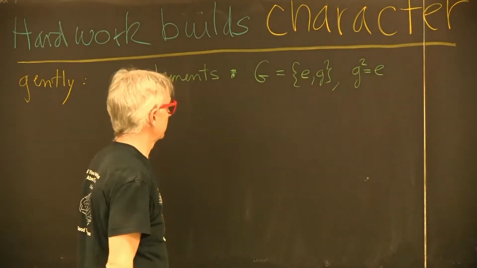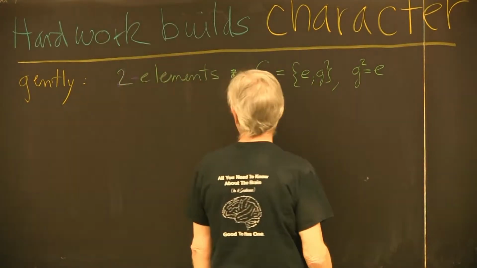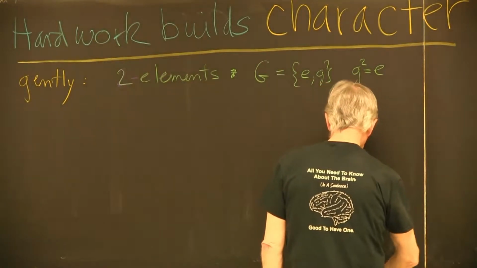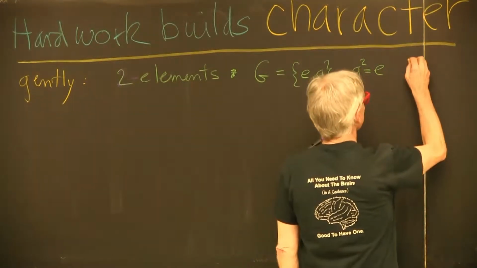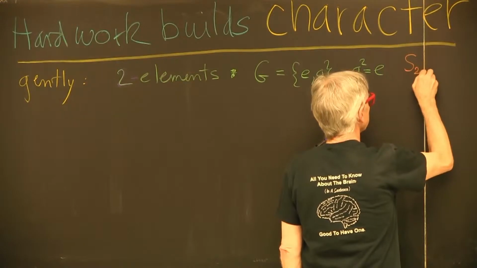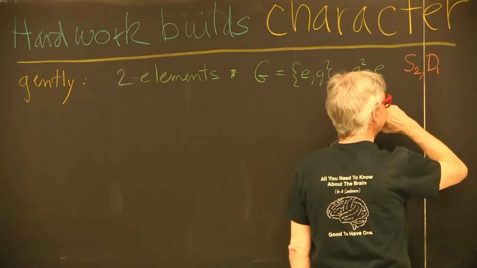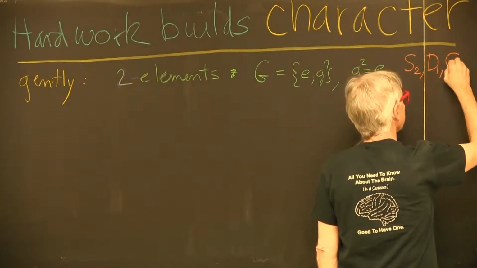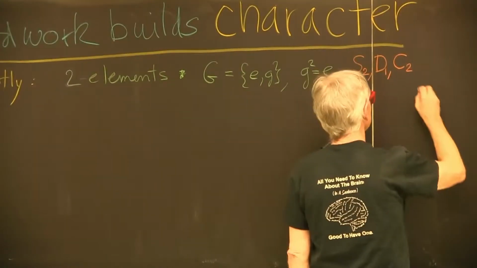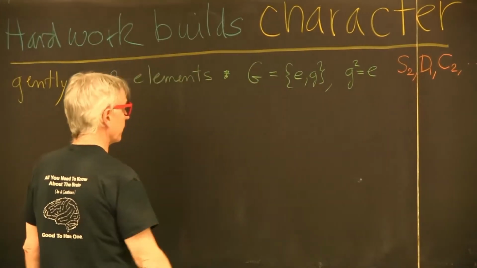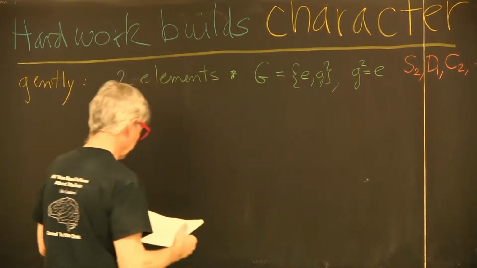So it's closed under group multiplication, two elements, and it has many names depending on applications. It's called the permutation group on two elements, dihedral group of order 1, cyclic group of order 2, etc., depending on various notations in various examples.